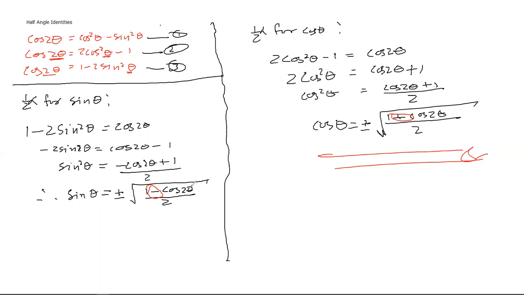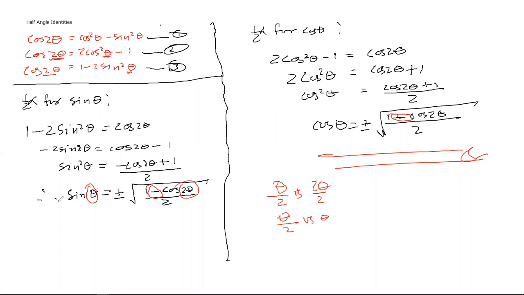Now, where does the concept of half angle come from? Suppose theta, and I want you to compare this theta here and that 2 theta. If I want to have theta here, I must divide by 2 on both sides, such that we get half theta. Of course, the equal sign at this point does not really make sense, so let me say VS instead.